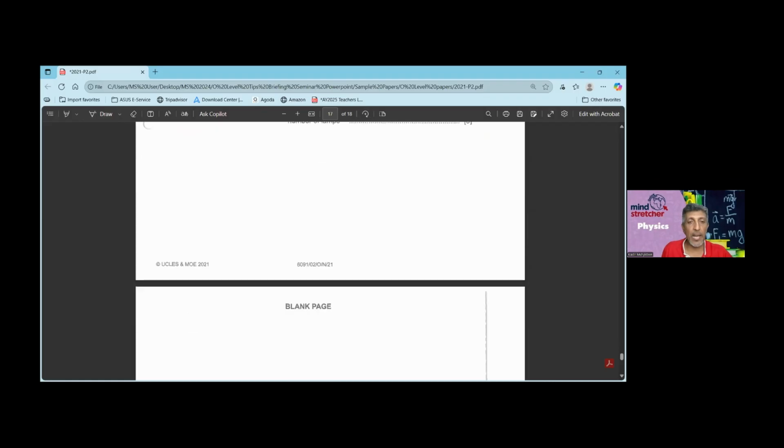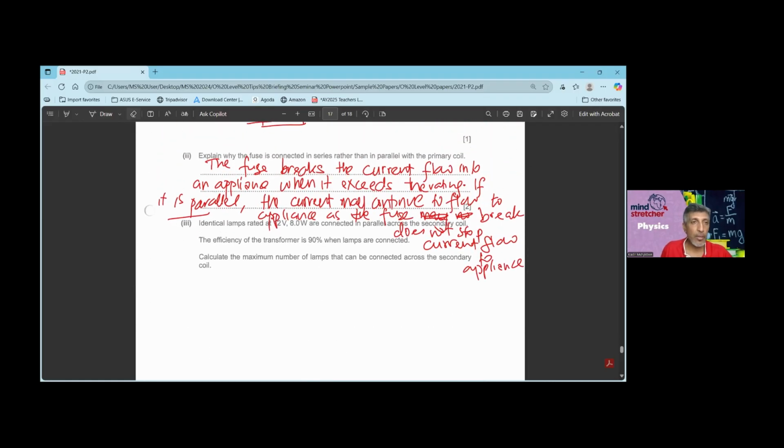Identical lamps rated at 12 volt, 8 watts are connected in parallel across the secondary coil. The efficiency is 90% when lamps are connected. Calculate the number of lamps that can be connected across the secondary coil. So first calculate the power supplied by the primary coil.